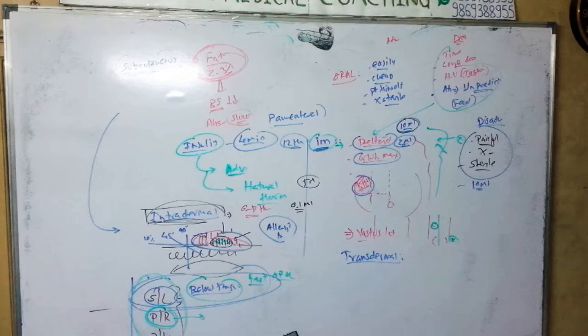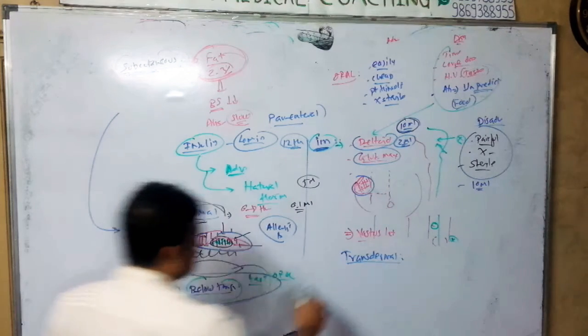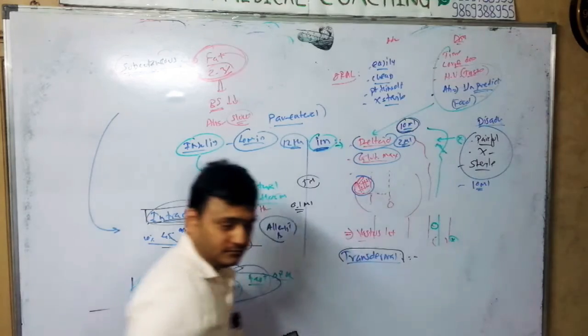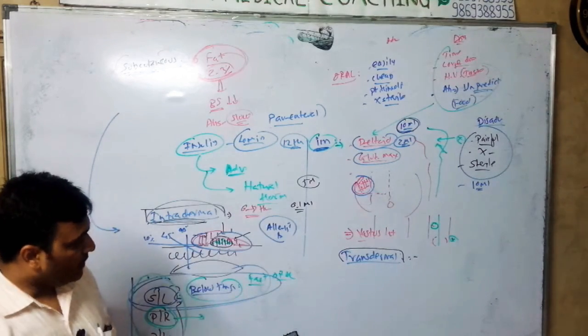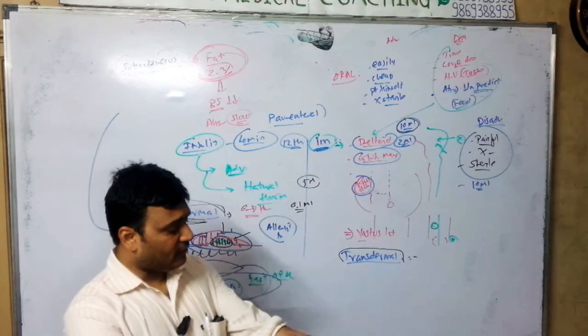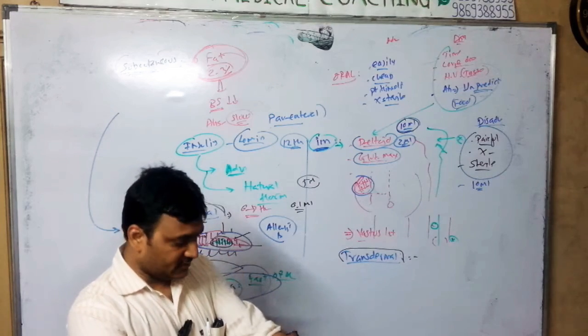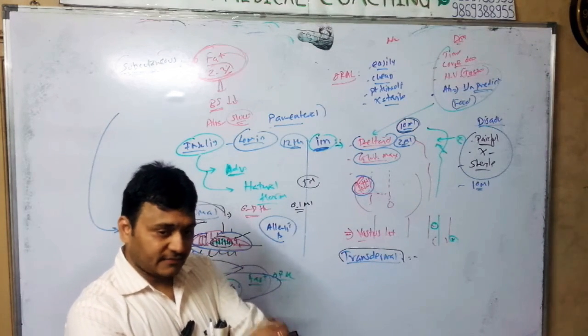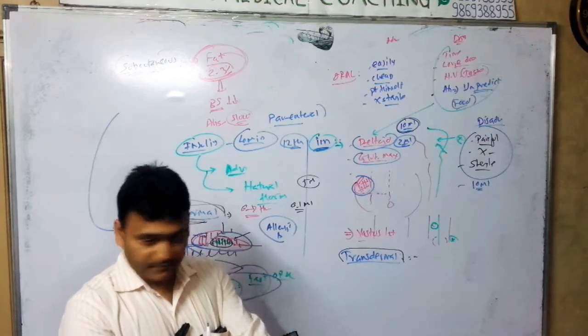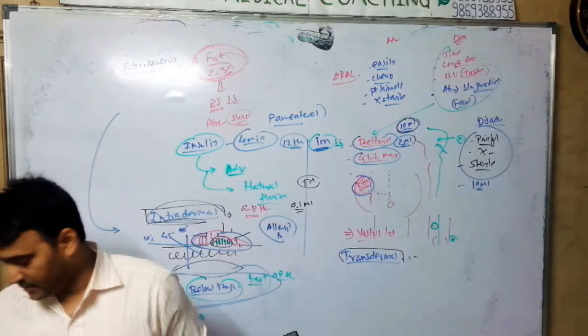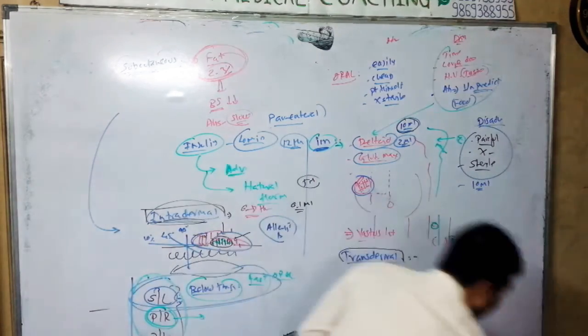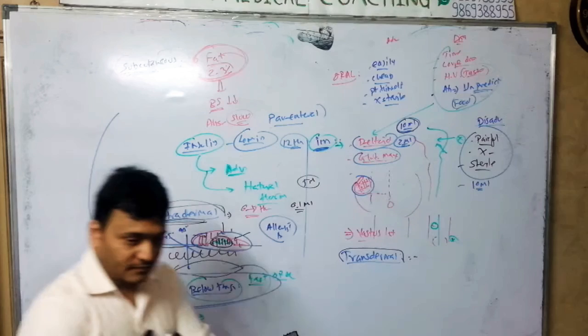What are transdermal patches? We apply the drug in the form of a band-aid patch. So the drug is stored in the band-aid patch, and the drug is delivered on the skin.